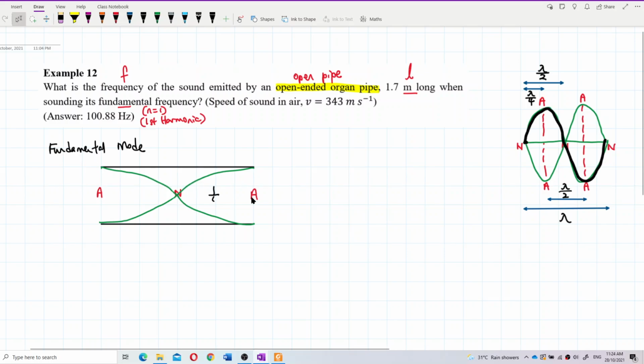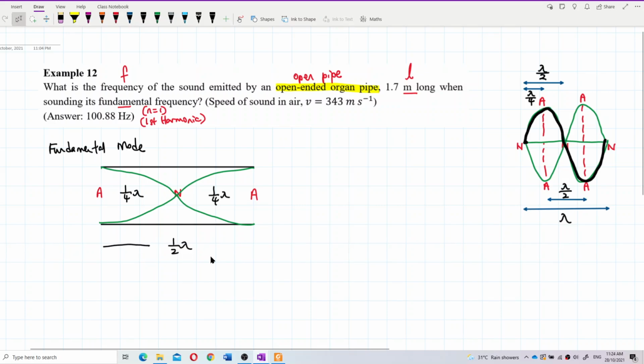This is 1/4 wavelength. Node to antinode, antinode to node also 1/4 wavelength. The whole length is actually half wavelength, from antinode to antinode.